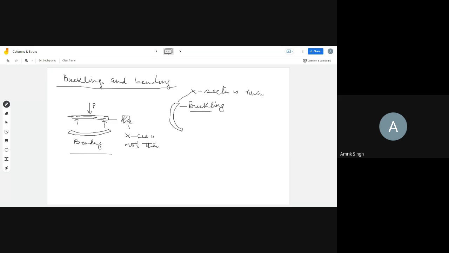So we normally get asked to write the difference between buckling and bending. So if we say here buckling and here bending, can we jot down some points?